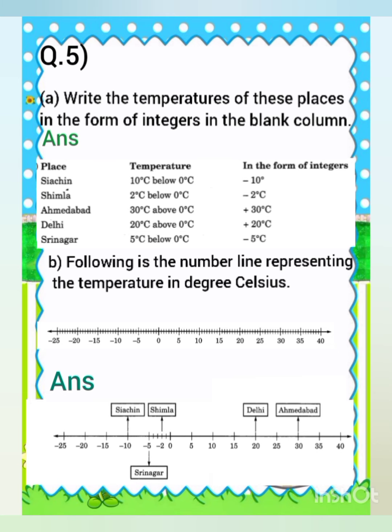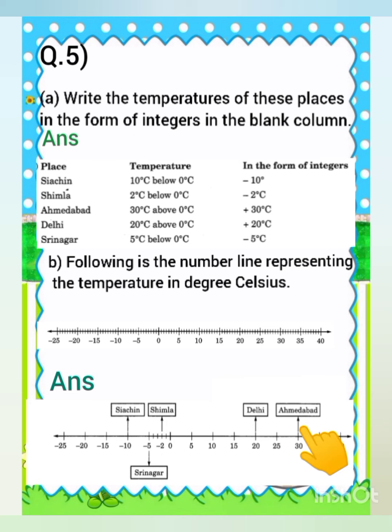So, we will mark like this. Siachen is minus 10 degrees. So, on the left hand side, we will mark minus 10 Siachen, minus 2 Shimla. On the left hand side, we will mark minus 2 as Shimla, plus 30 is Ahmedabad.